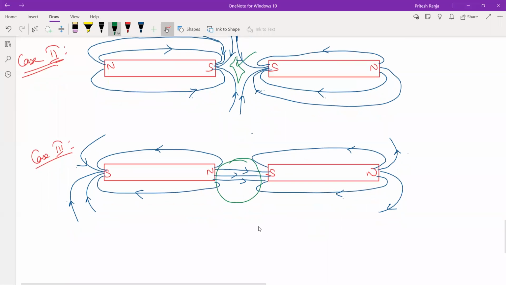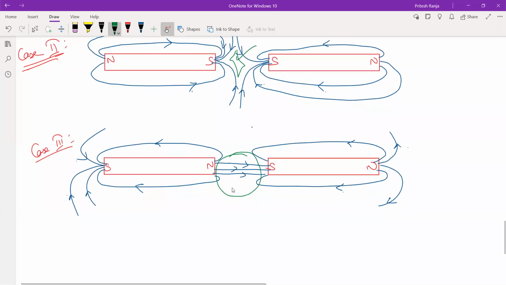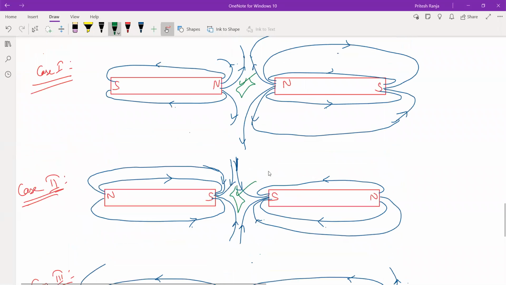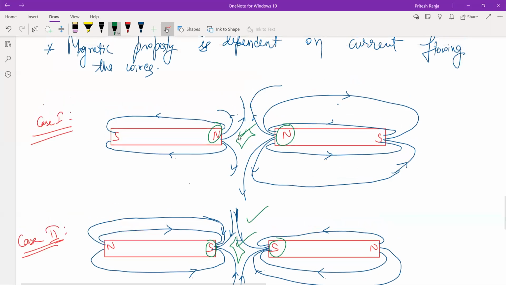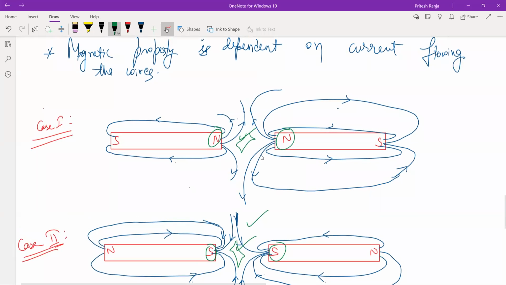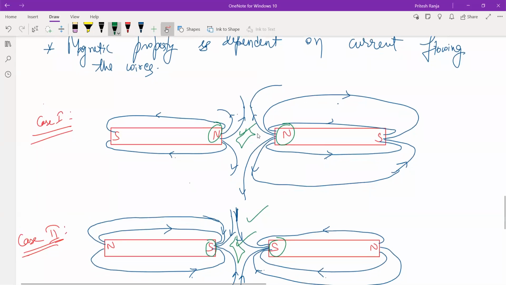That means attraction will be due to the magnetic field lines going from one magnet to the other magnet, and the repulsion, because the similar poles are placed near to each other, will be due to no magnetic field lines going from one magnet to the other magnet.